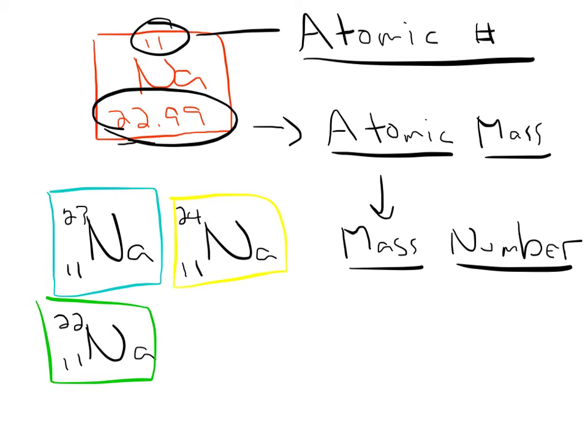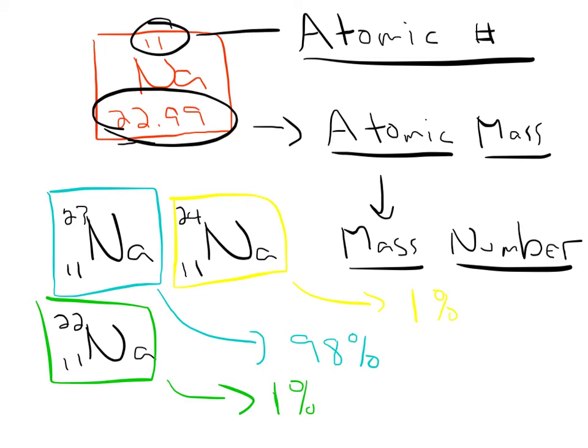And basically, in nature, if you had 100 sodium atoms, let's say you had 100 sodium atoms, 98% of them would be this. 1%, or one of those 100, would be that isotope, and 1%, or 1, would be that.